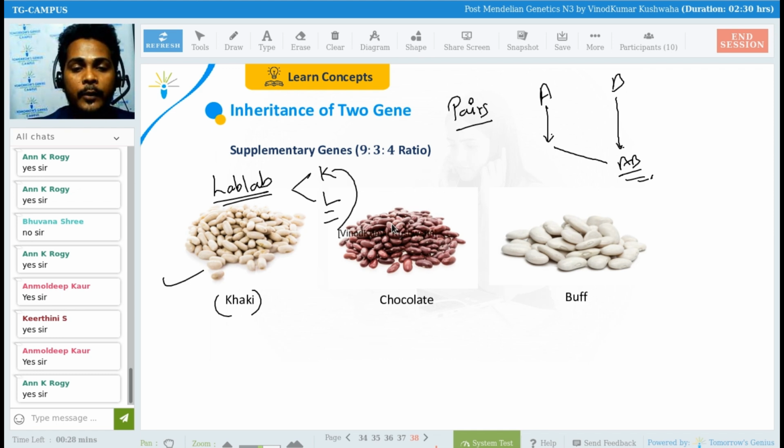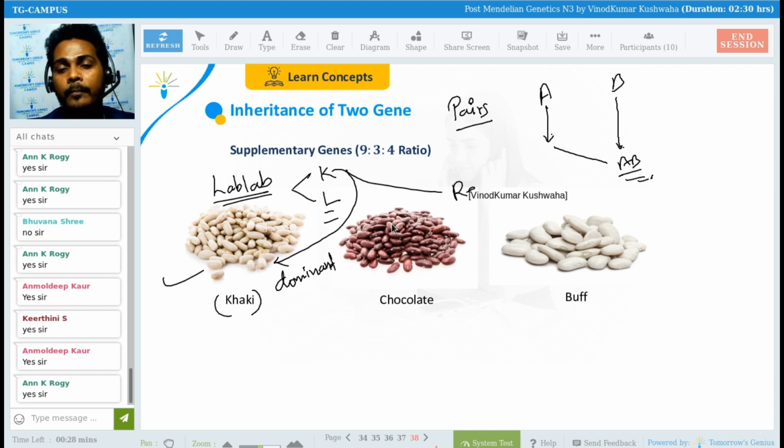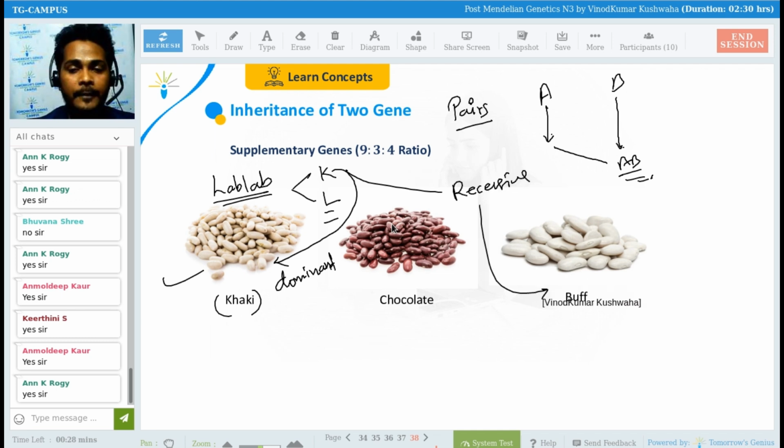While its recessive alleles give rise to a buff color, meaning dominant gives a khaki color, and its recessive gives a buff color. Clear? Irrespective of the supplementary gene being dominant or recessive.